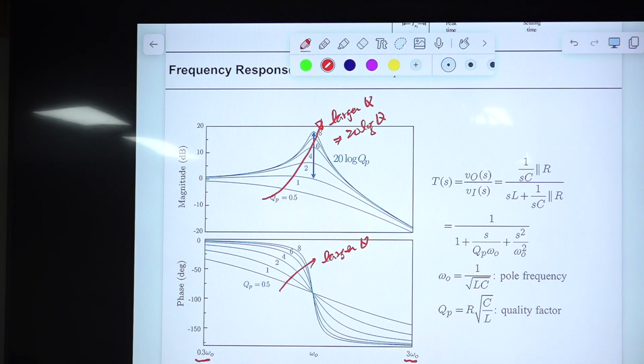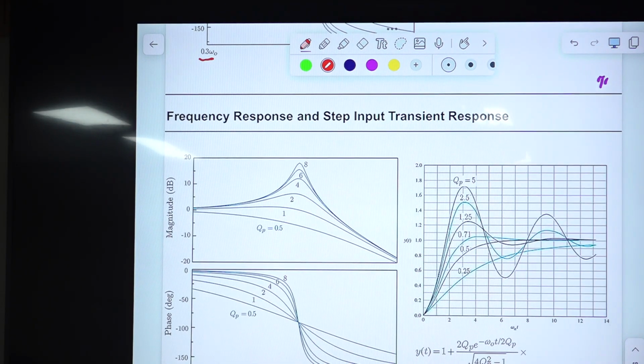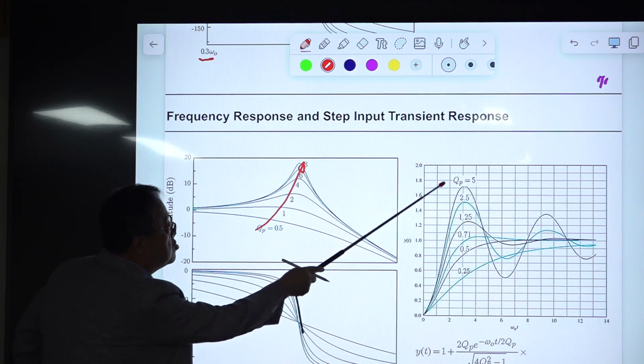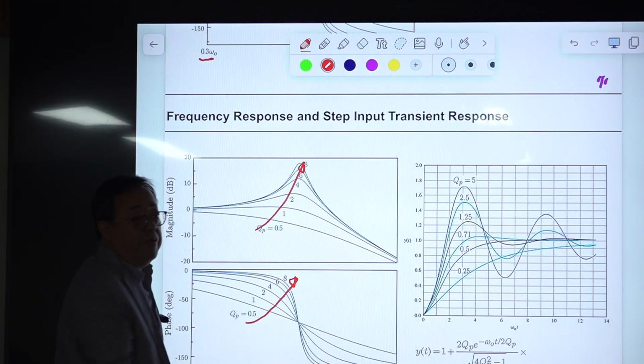And how about this? So you are increasing Q in this direction, then this corresponds to the step response of large Q, smaller Q, further smaller Q, so on, right?